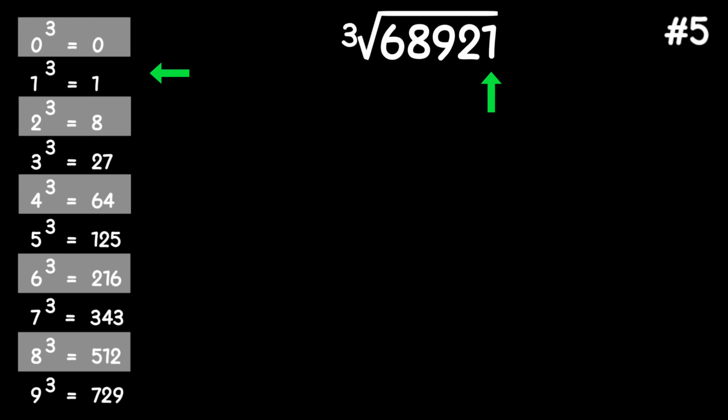The only option is 1 cube equal to 1, so we put 1. Next we cross the last 3 digits and search for the cube closest to 68, but not greater than it. The only option is 4 cube equal to 64. So we put 4. Therefore the cube root of 68921 is 41. Cube roots are easier than square roots because the last digits of basic cube values are unique.